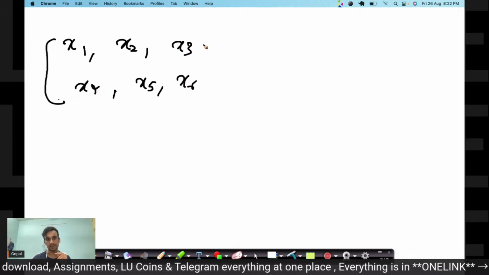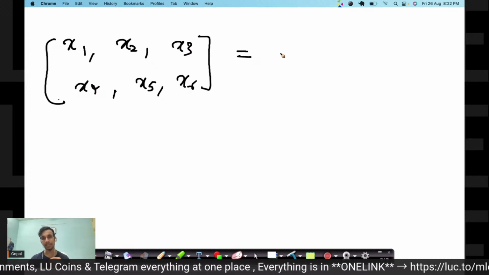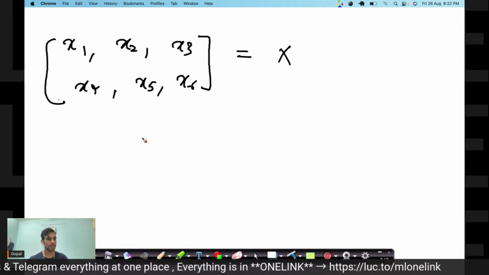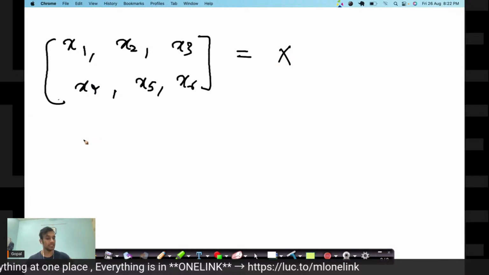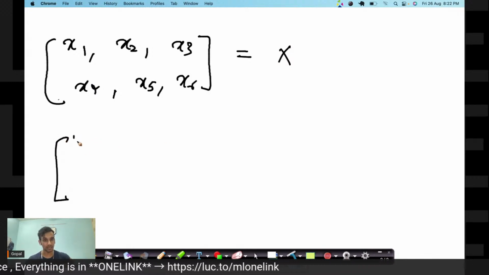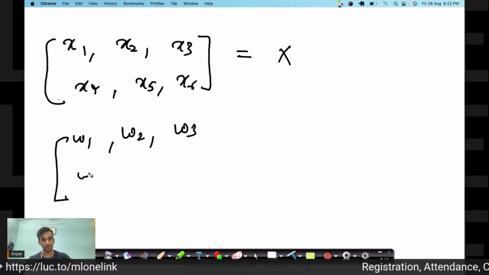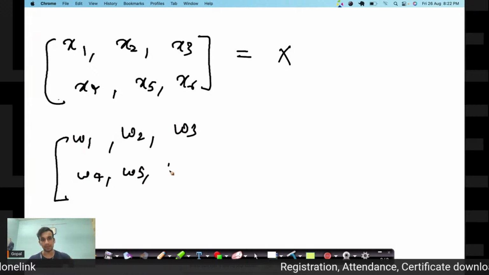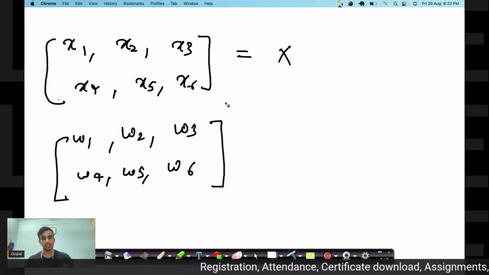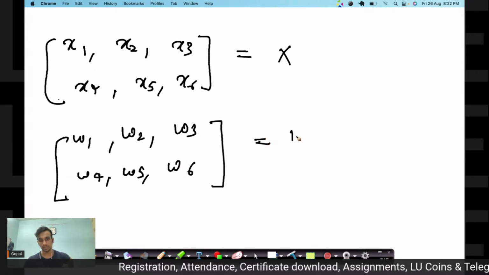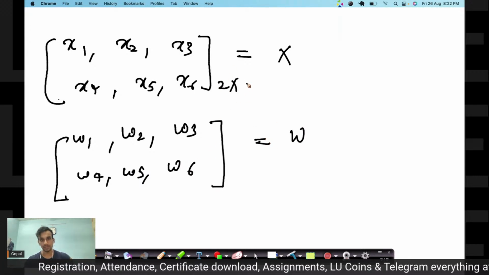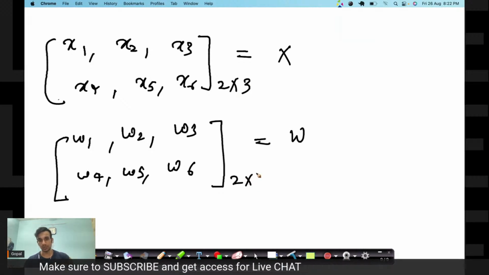This is your matrix here, and I'm representing this matrix as X. How many weights will I need here? Obviously 6: W1, W2, W3, W4, W5, and W6. The order for this is 2 cross 3, and even for this it is 2 cross 3.